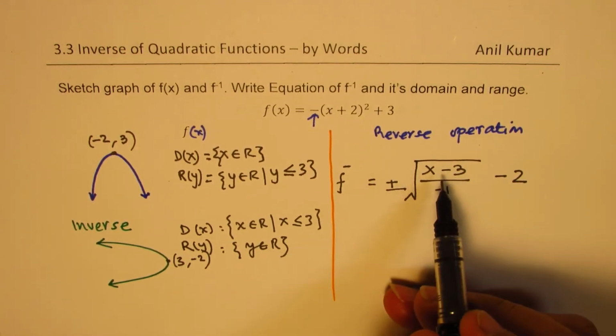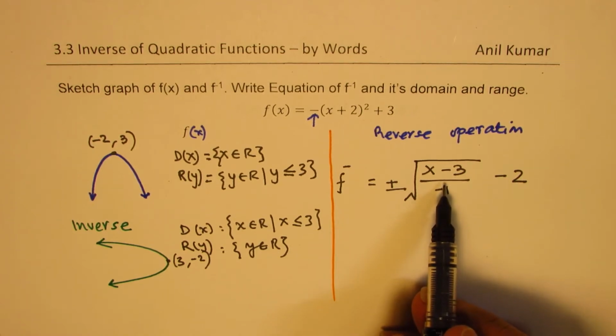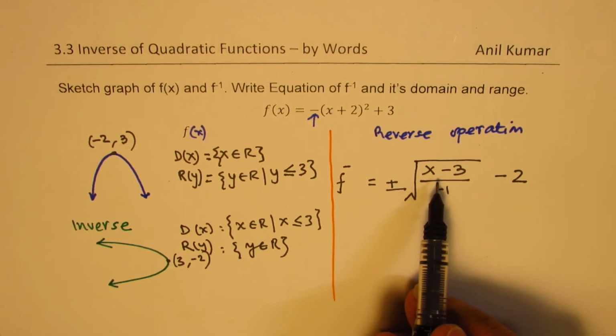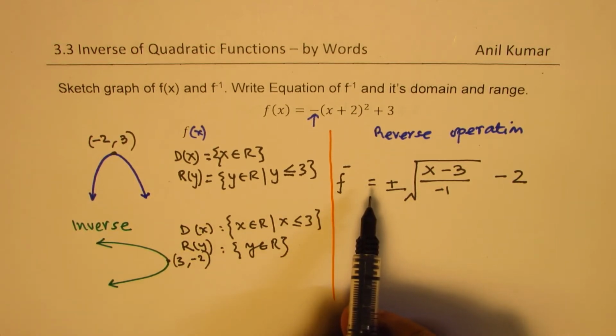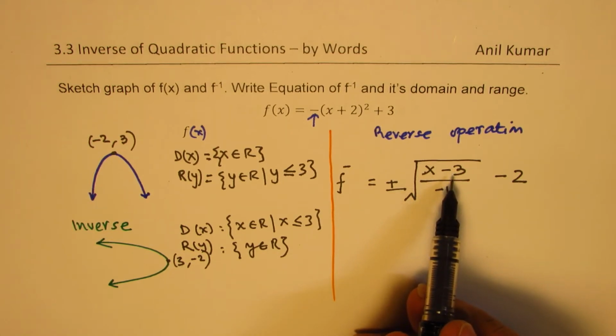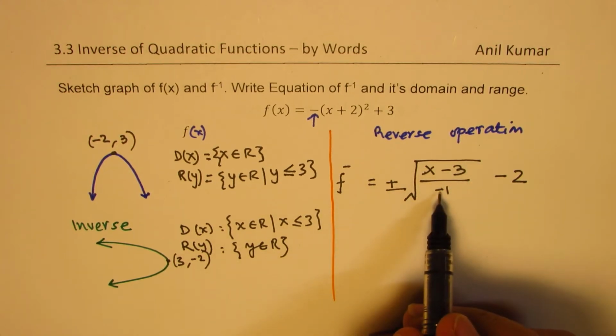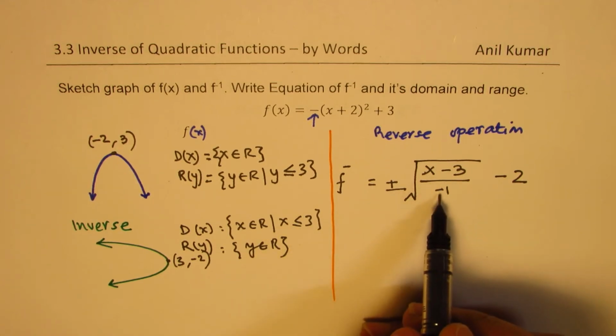Correct? Clearly, you can see that this domain and range works fairly well. X has to be, as we can see, since this is negative, x has to be less than equal to 3. This is negative, right?